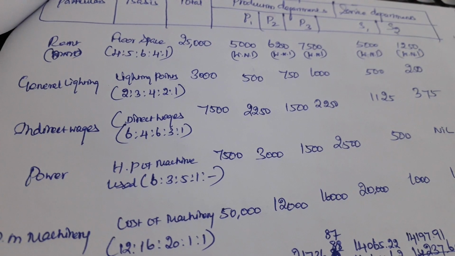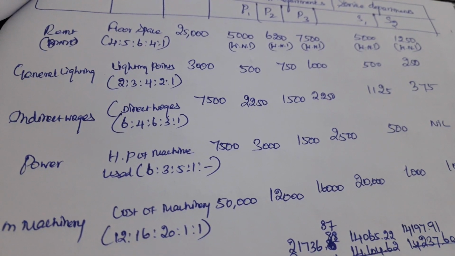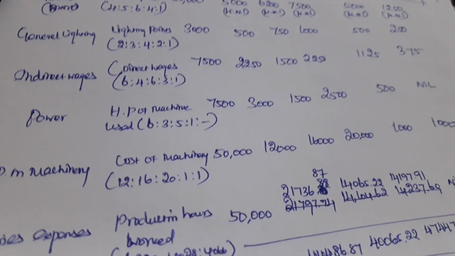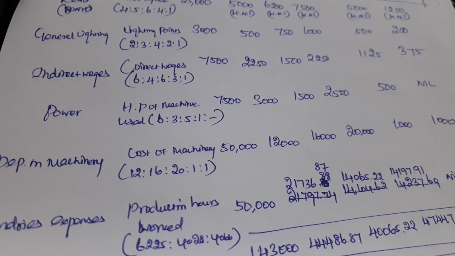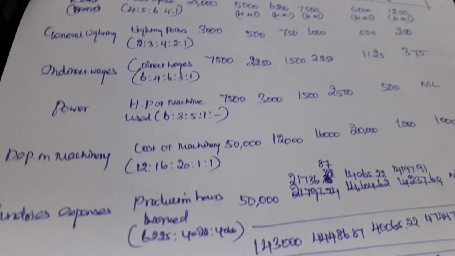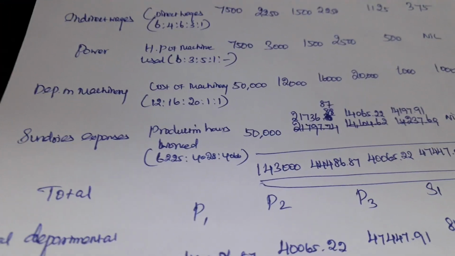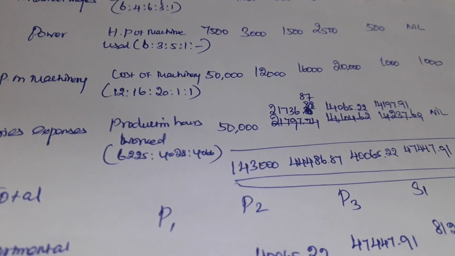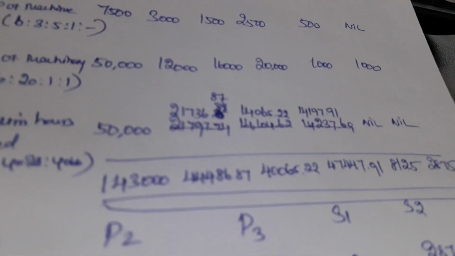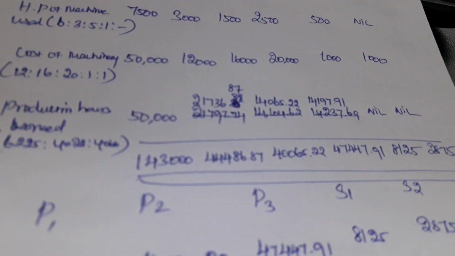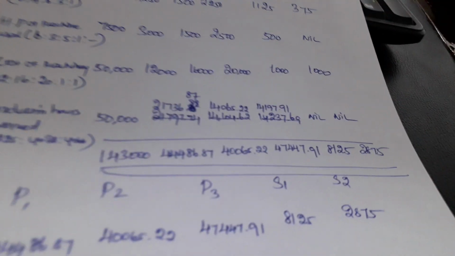General lighting on the basis of lighting points, indirect wages on direct wages, power on horsepower of machine, depreciation on cost of machinery, sundries expenses on production hours worked. If we total this, we get 14,000, 1,43,000 and so on.